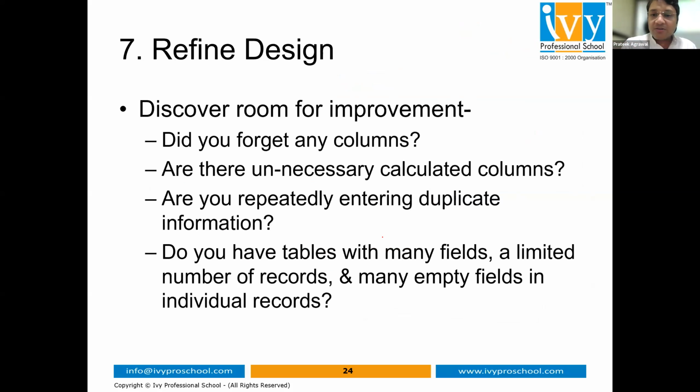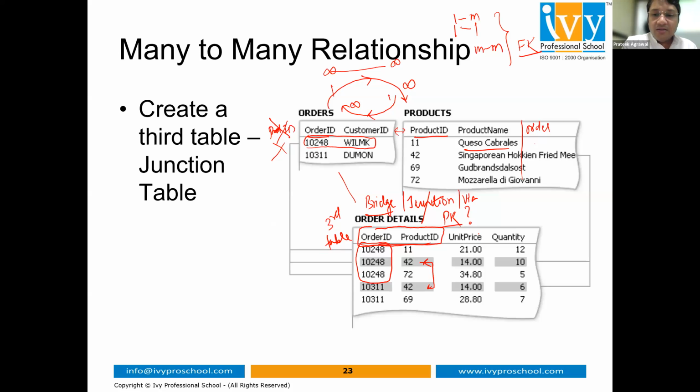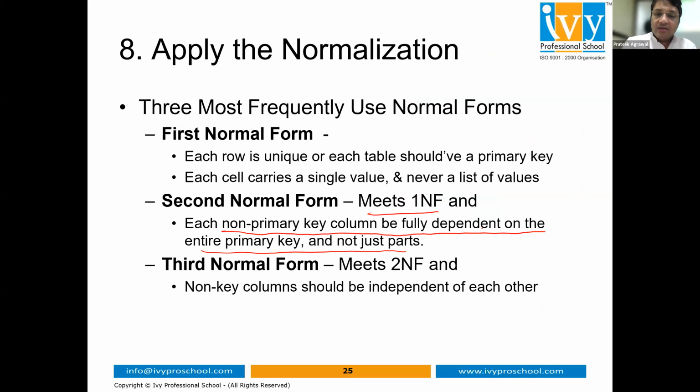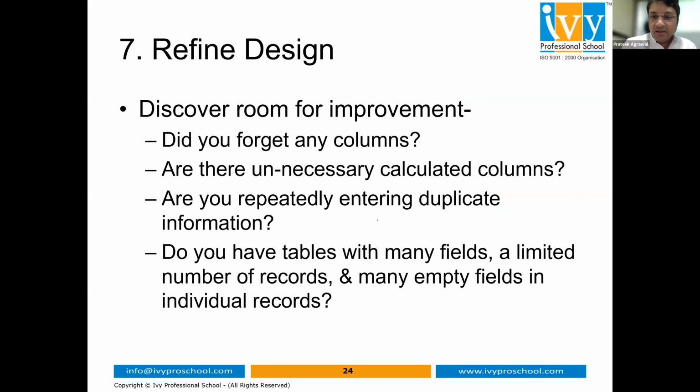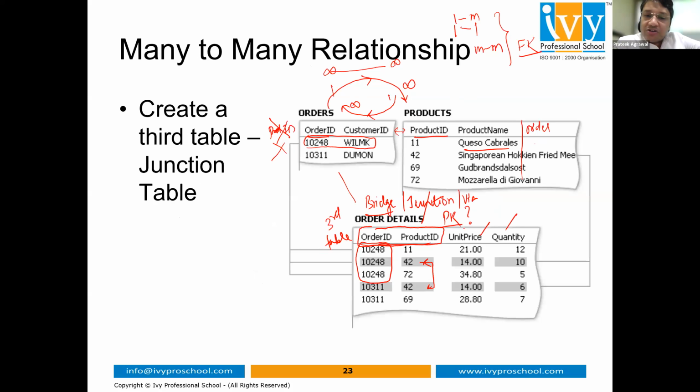What are the non-primary key columns here? Unit price and quantity. These are non-primary key columns. Each non-primary key column should be fully dependent on the entire primary key and not just part of it. Let's ask ourselves this question. Is unit price dependent upon order ID and product ID both, or is unit price only dependent upon product ID or order ID?